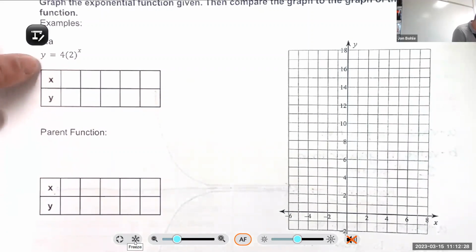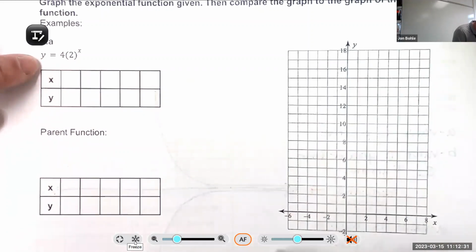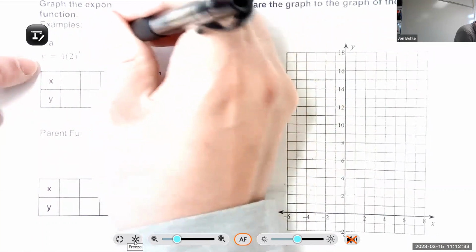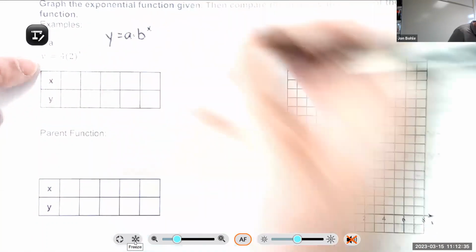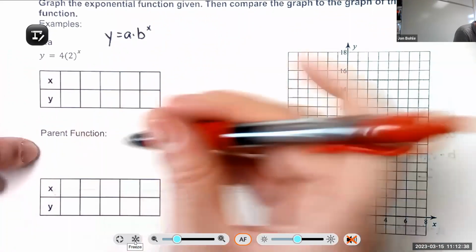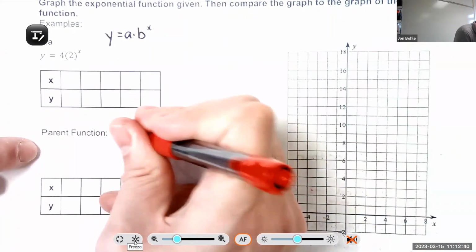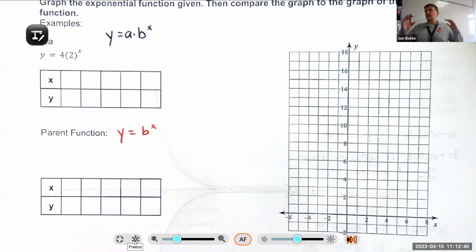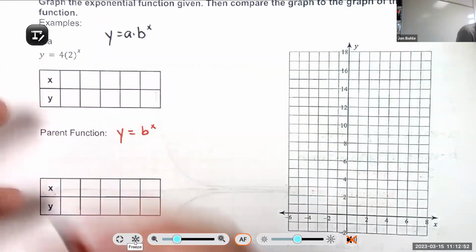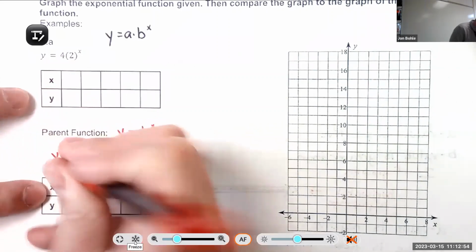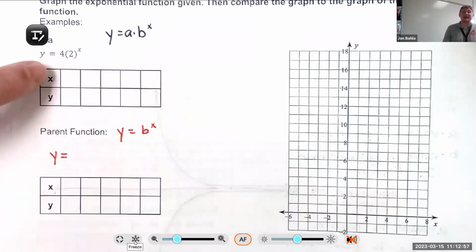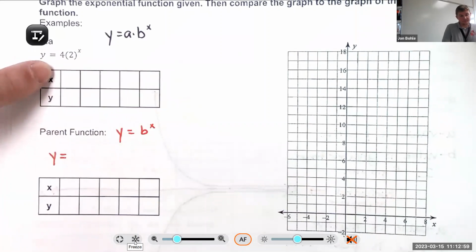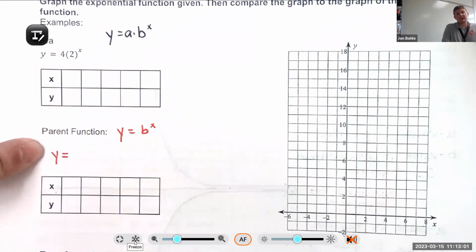Okay, so remember all of these are in this form: y is equal to a times b to the x power. Your parent function will be in this form: y is equal to b to the x power. It's just going to shed everything else away. And this is the one that you compare everything to. So the parent function of y equals 4 times 2 to the x power is what?